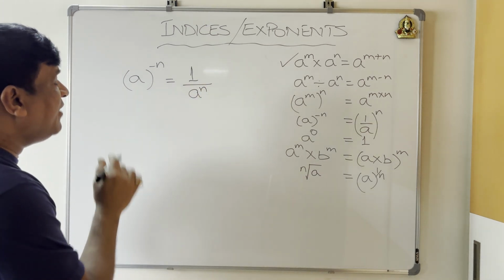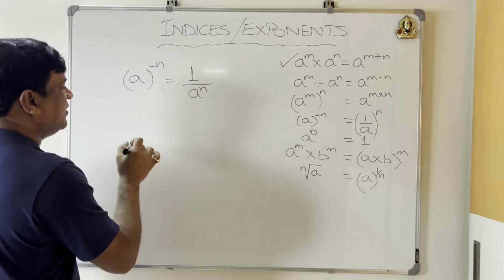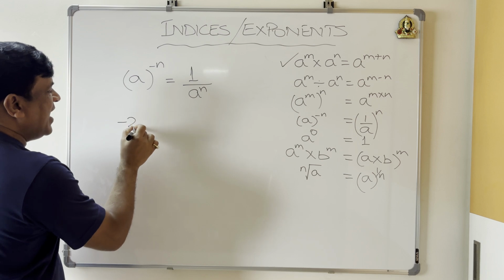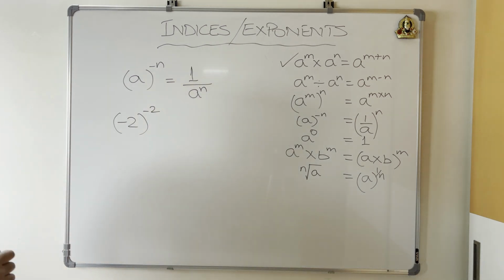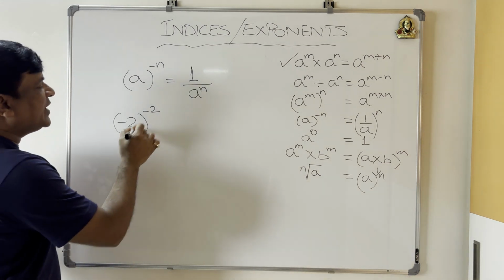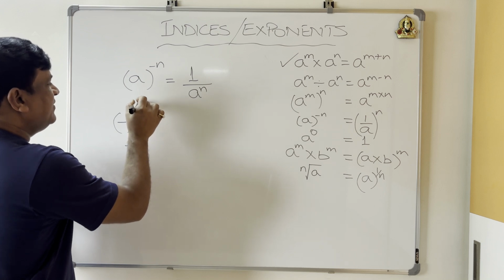Remember this one. I have seen many kids making mistakes over here and getting confused. For example, if I have something like this, kids cannot differentiate between the base and the exponent.